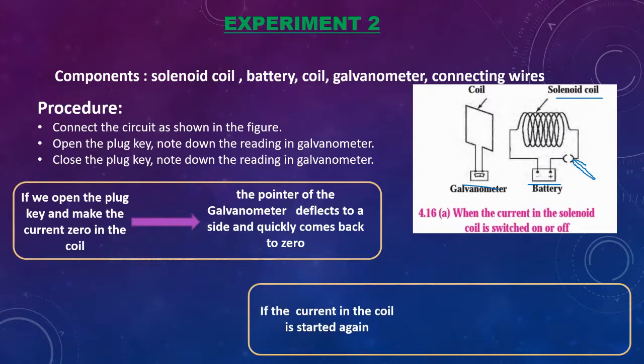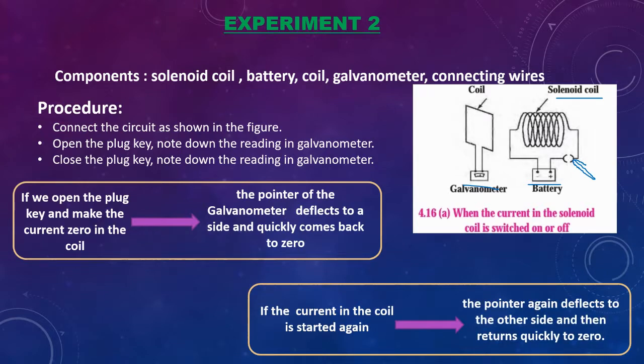Okay, this happens when the plug key is open. So what happens when the plug key is closed? When the key is closed, that means current is moving through the solenoid coil, right? So current in the coil is started again. The pointer again deflects to the other side and then returns to 0.